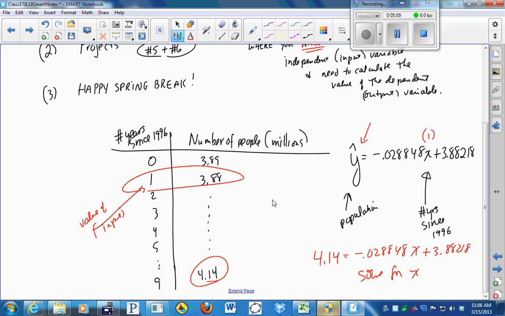The model will give you a prediction or an estimate either for an input value or for an output value. You can either estimate your population or you can estimate how many years. So I just wanted you to pick one input value and one output value, and see how good your model was, basically.